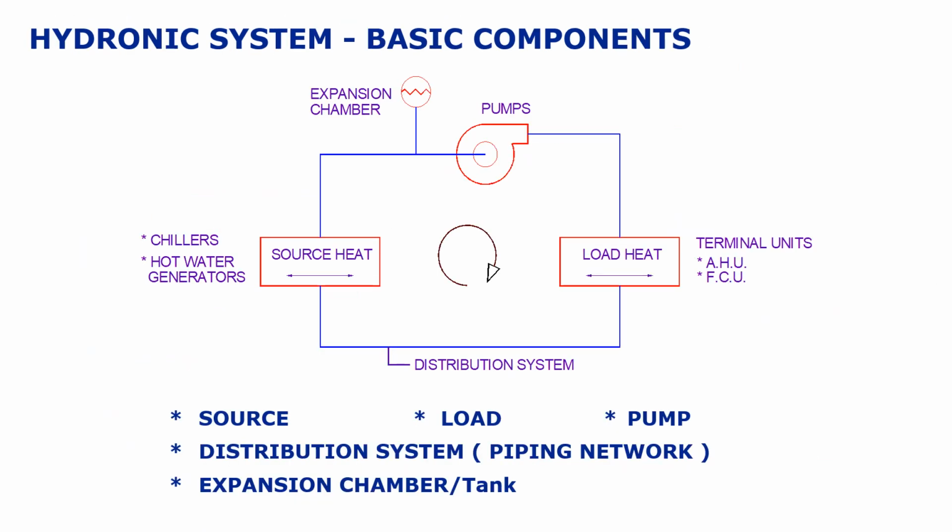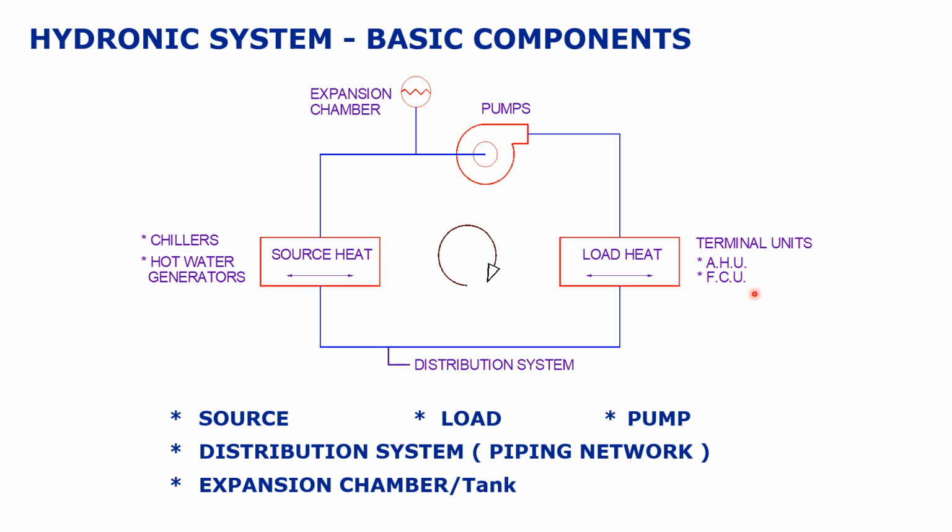So here you can see the basic components. The basic components are the source, wherein the equipment is installed to actually reject the heat. The second is the pump, third is the load, and the distribution system, which I was talking about. Here there is a terminal unit, which is called an air handling unit or fan coil unit.